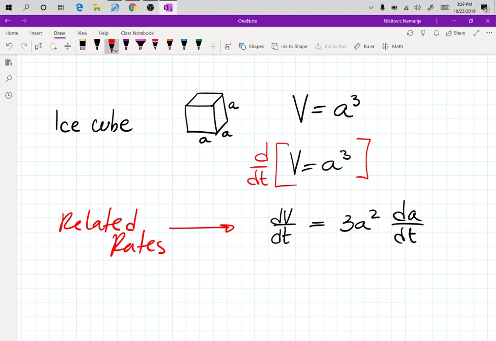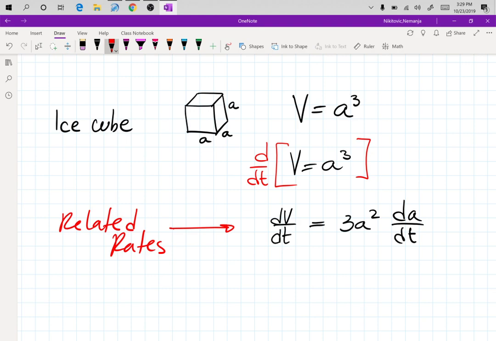Now it's important to talk about units, because units are the ones that reveal the information that you have and what you're looking for, because in some problems it will not be explicitly said that you are looking for dV/dt. The wording that is used helps you decide, and in some cases the units that are given help you decide.